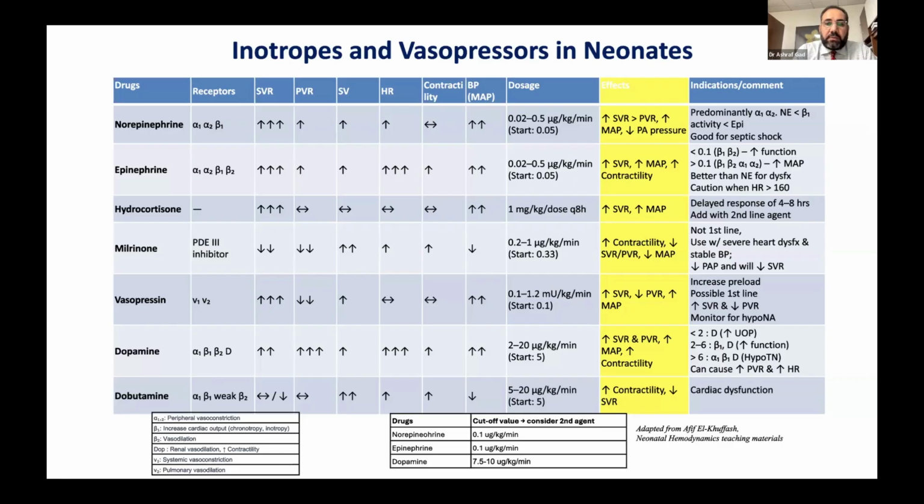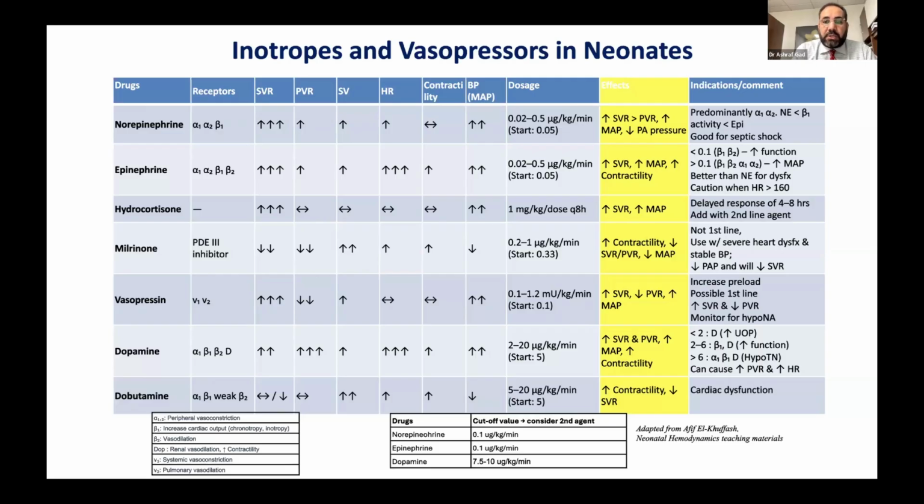In addition to its bad effects on the endocrine system and the oxygenation, oxygen consumption. Tachycardia is the enemy of the heart in these cases, and dopamine for sure causes tachycardia, and we need to avoid that.